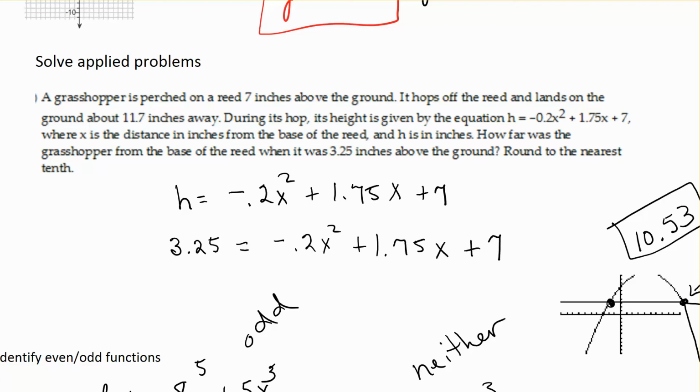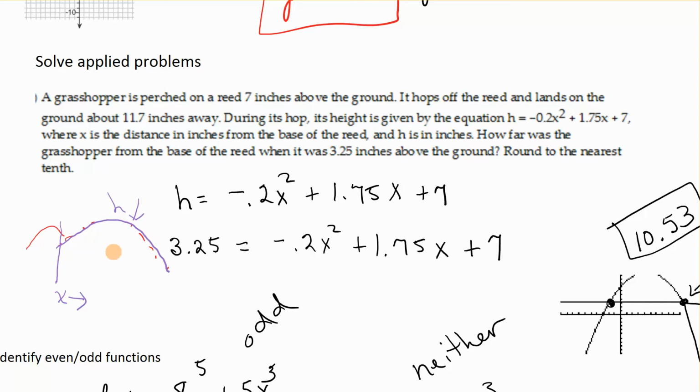So he's on this little reed and he hops over here, and the equation they give you models this hop, where x is the distance in inches from the base. So here's the base. So x is this way and h is this parabola.